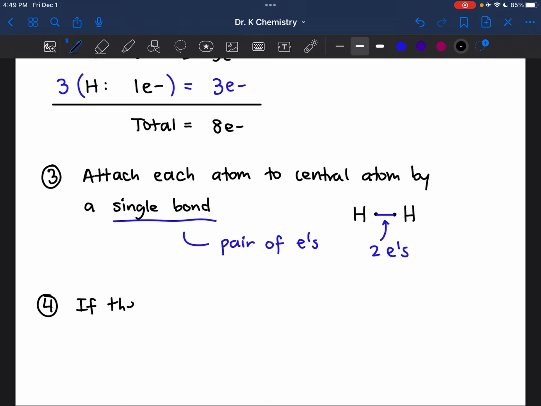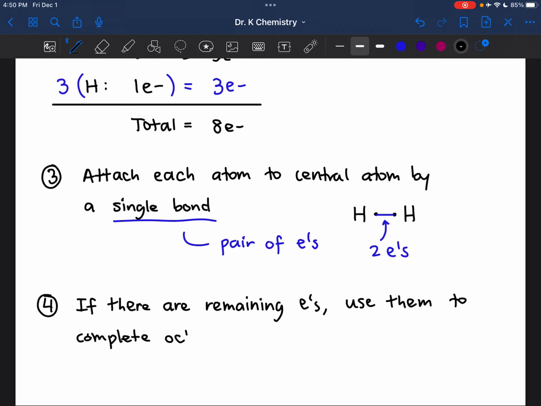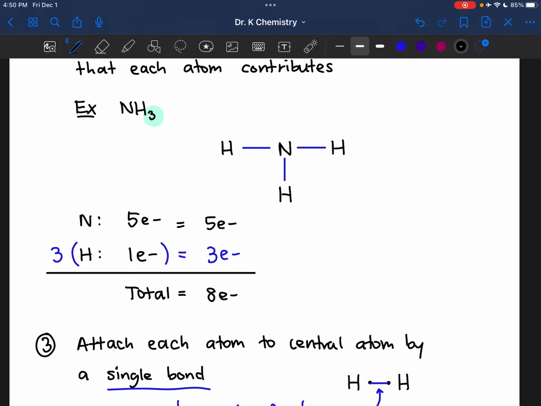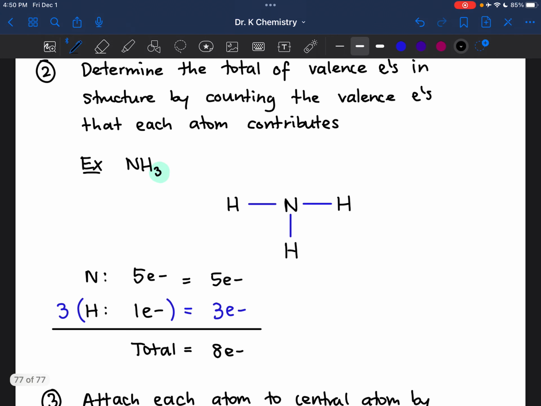If there are remaining electrons, use them to complete octets. So we're going to distribute them to the atoms that need them in order to fulfill their octet. Hydrogen has access to 2 valence electrons, and each hydrogen is happy with that. It only wants 2 valence electrons.